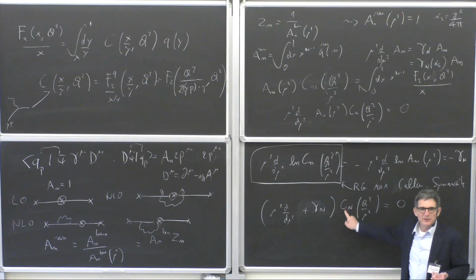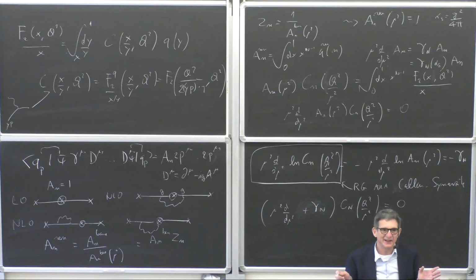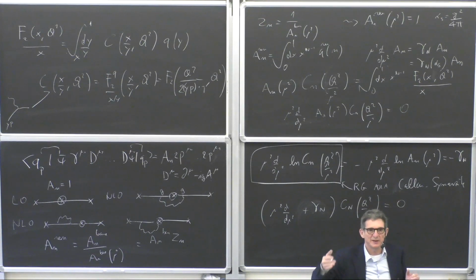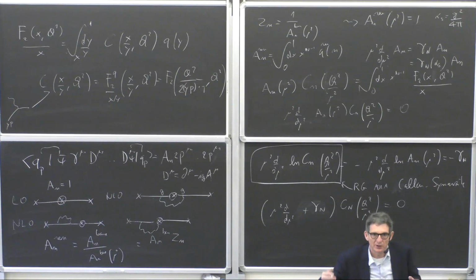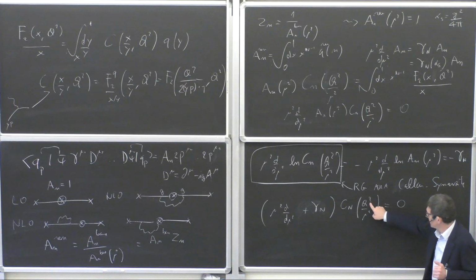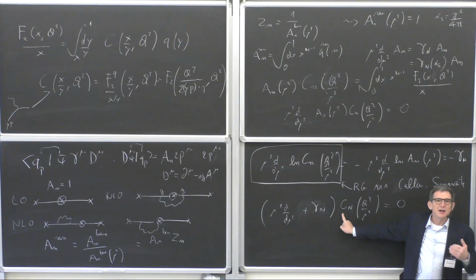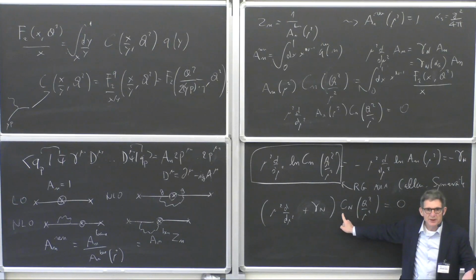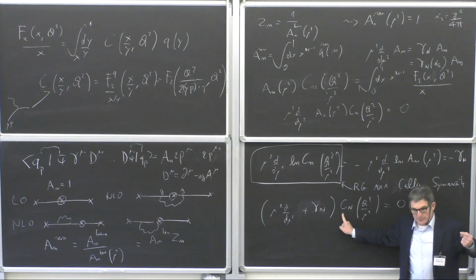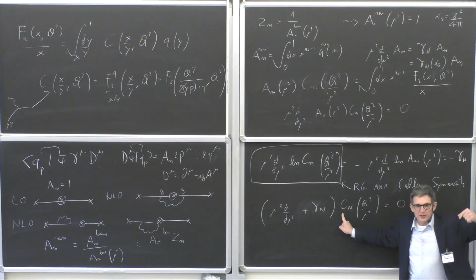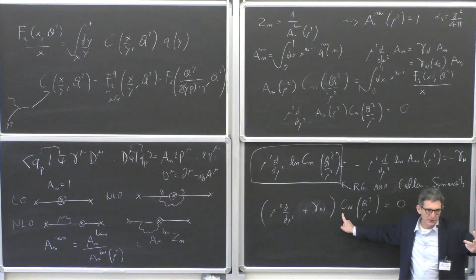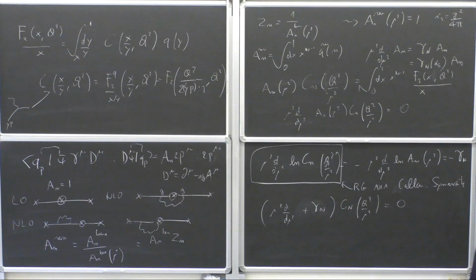The structure function of a free quark at leading order is a delta, so it cannot depend on q square, and therefore it must acquire its q square dependence when we compute it beyond leading order. So this q square dependence from the coefficient function comes when we compute the deep inelastic scattering over a free quark target beyond leading order, which I'm going to do in 15 minutes or so.